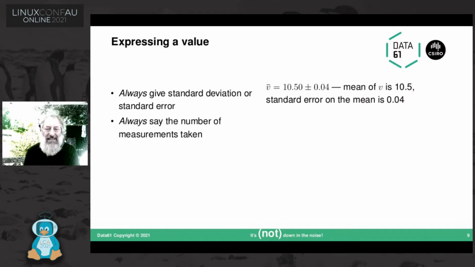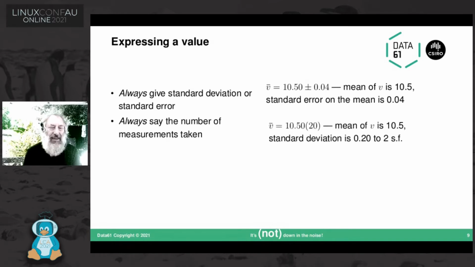So you can express it as 10.5 plus or minus 0.04, and that means that the mean of the value you're measuring is 10.5, and the standard error on the mean is 0.04. Alternatively, you can express it as a mean with the standard deviation. I normally put the standard deviation in parentheses, and you count from the right for significant figures.